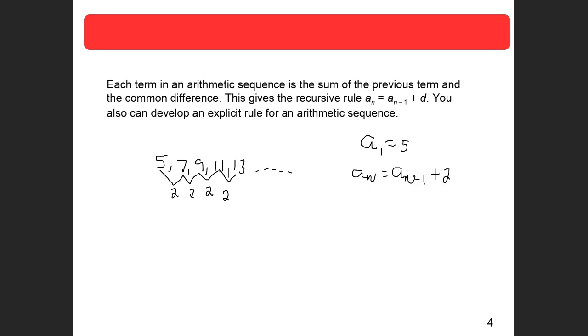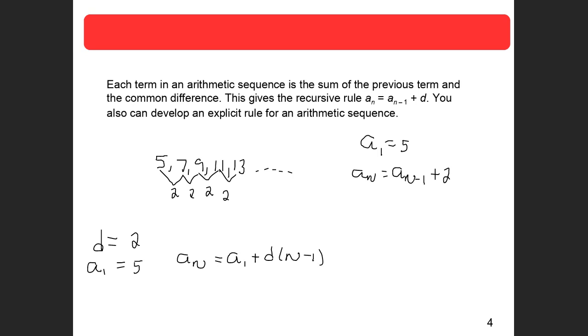Now, if I want to write an explicit rule, which is more common, all you need to know is the d value and a sub 1. So the d value in this problem is 2. A sub 1 is 5. So the formula for an explicit rule would be a sub n is equal to a sub 1 plus d times n minus 1.